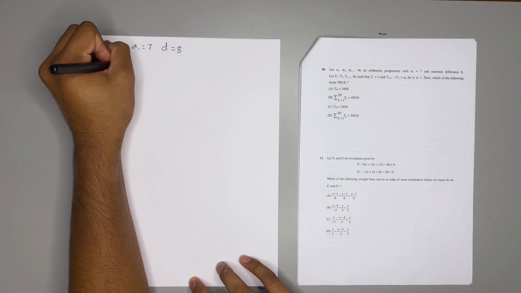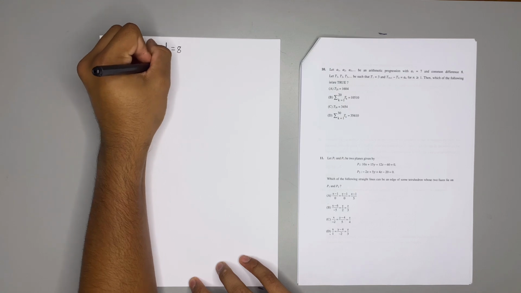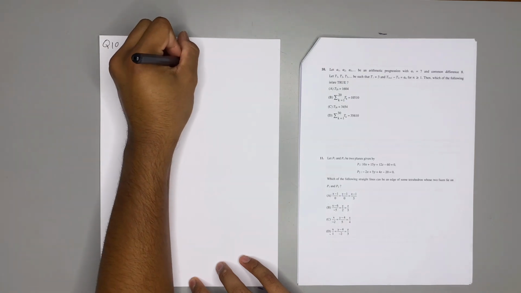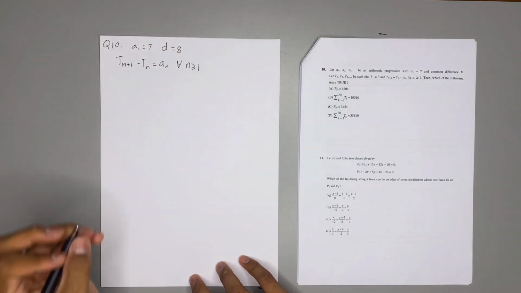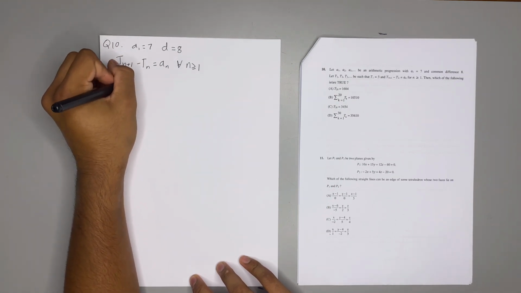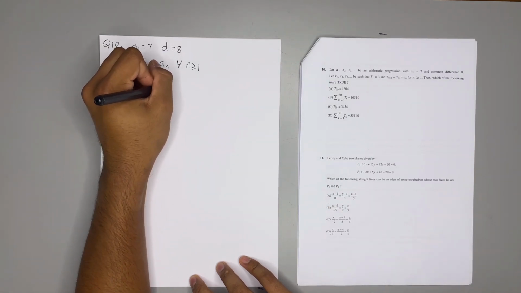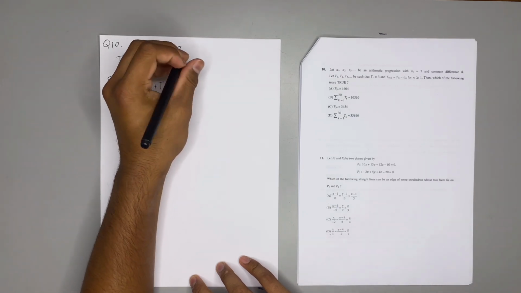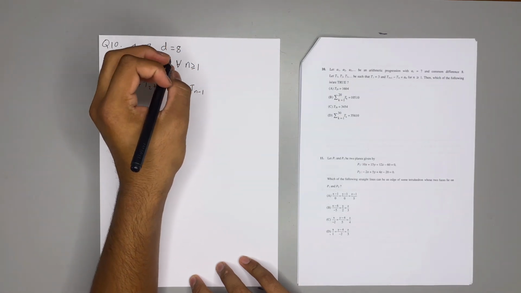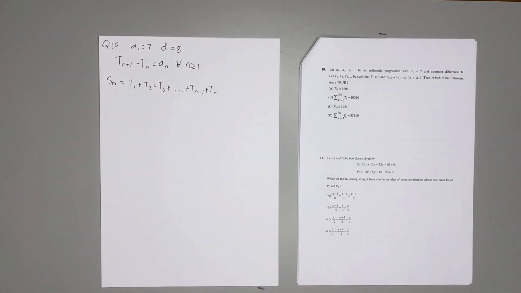Let's write it down. T n plus 1 minus T of n equals to A of n for all n greater than or equal to 1. Next step, S of n then equals to T1 plus T2 plus T3 plus ... plus T of n minus 1 plus T of n, correct?